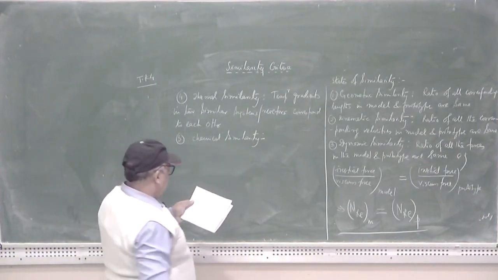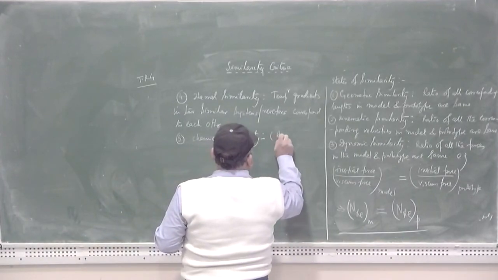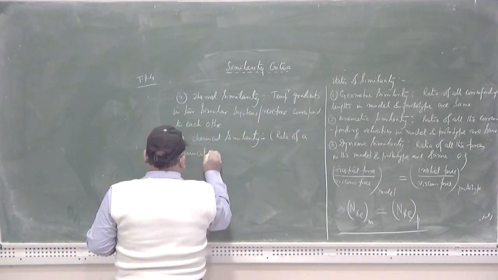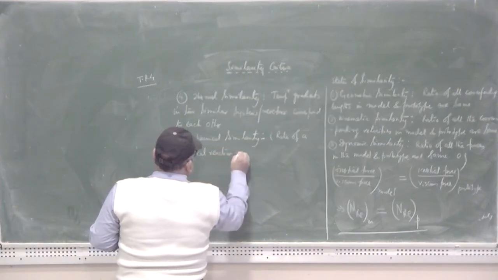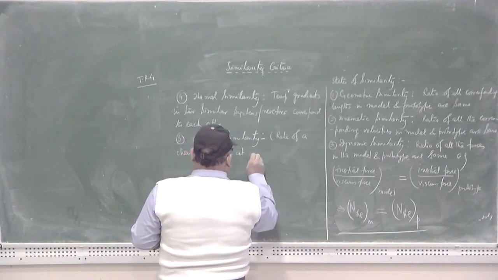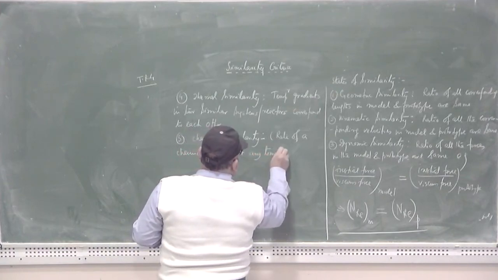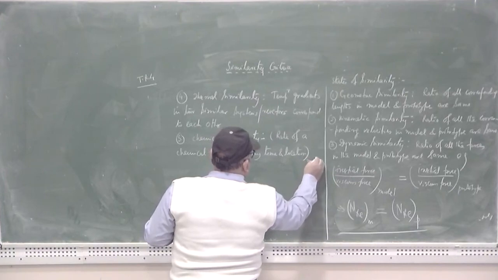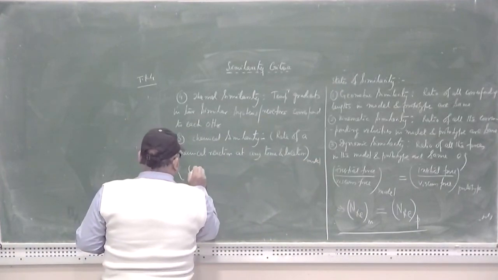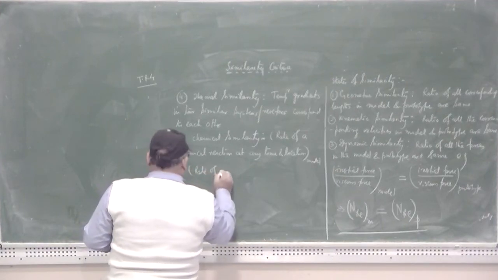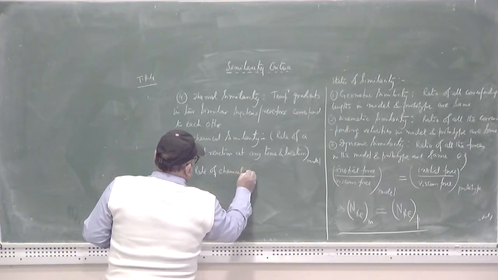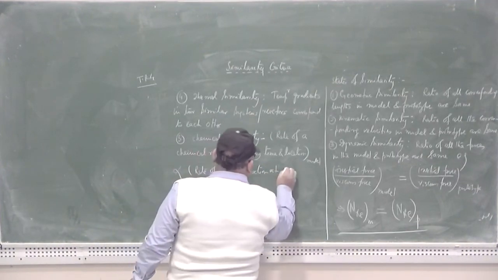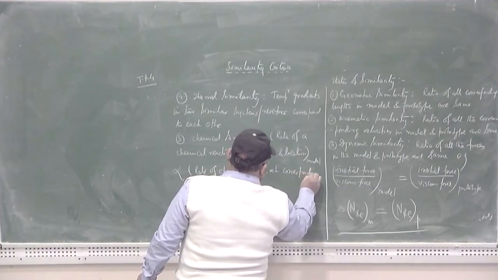Chemical similarity is defined as the rate of a chemical reaction at any time and location in the model must be proportional to the rate of chemical reaction at corresponding time and location in the prototype.